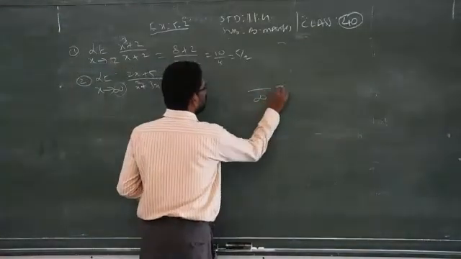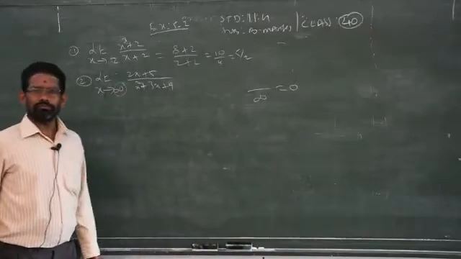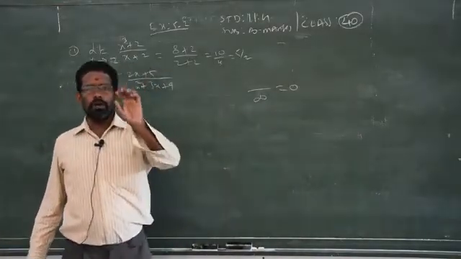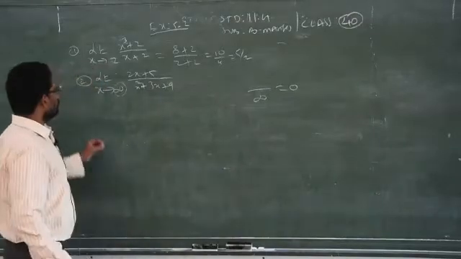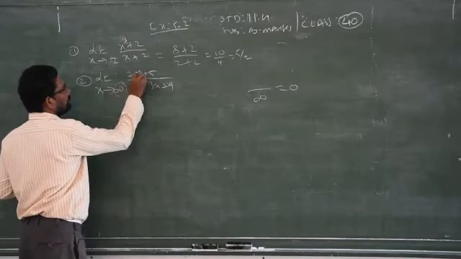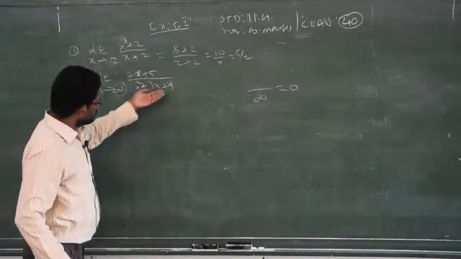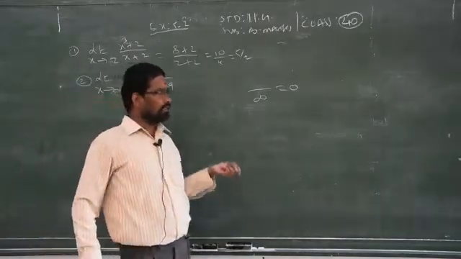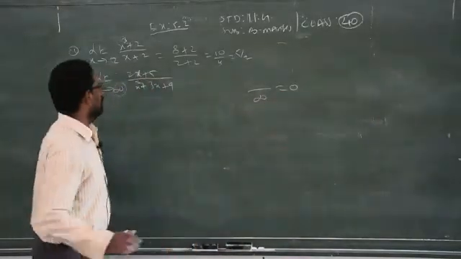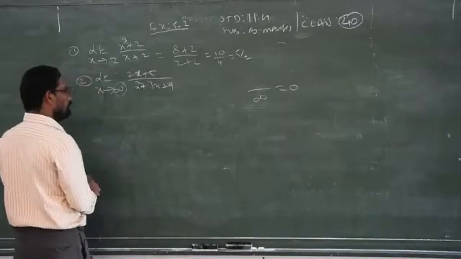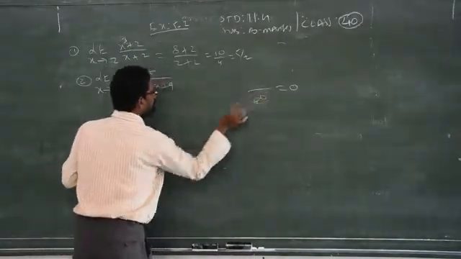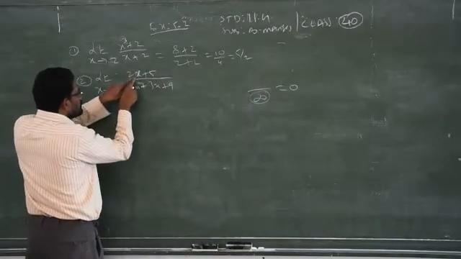Anything by infinity is 0, and 0 is allowed. So based on that concept, when the variables are under multiplication, bring them into divisional form, because anything by infinity is 0. How do you get the denominator to infinity? Only when x is in the denominator.